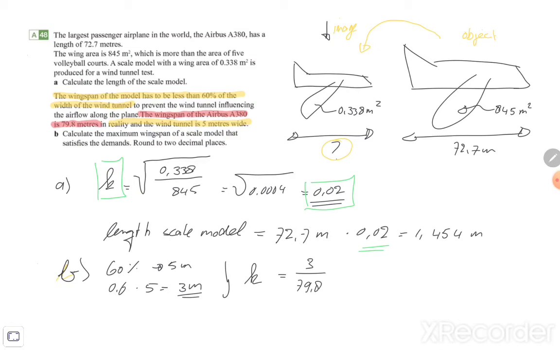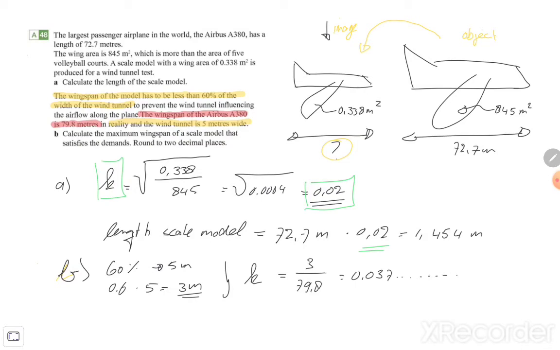If I just calculate that one, 3 divided by 79.8, you get a very large decimal number, 0.037 and so on. But we need to go on with that answer because we need to go from object to image.